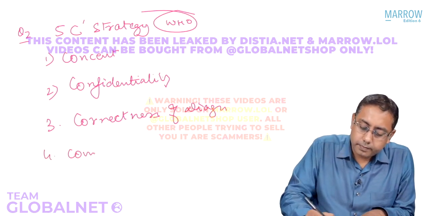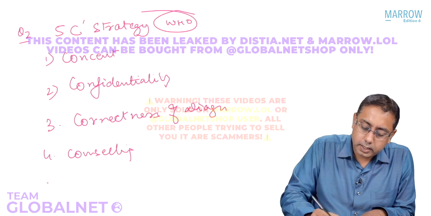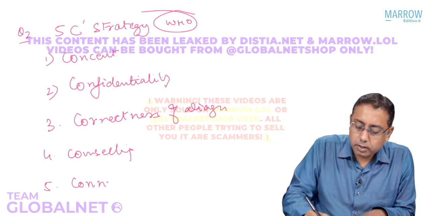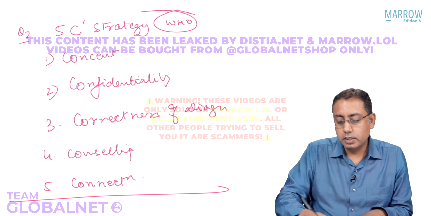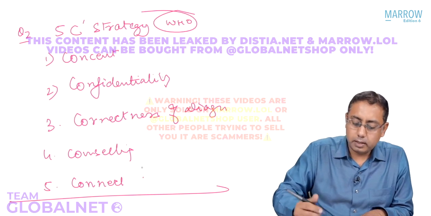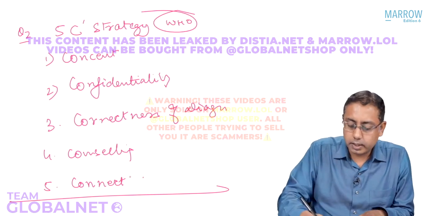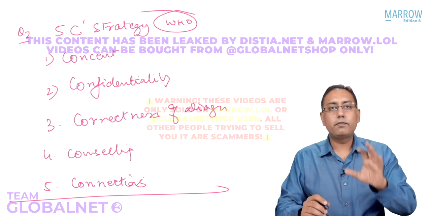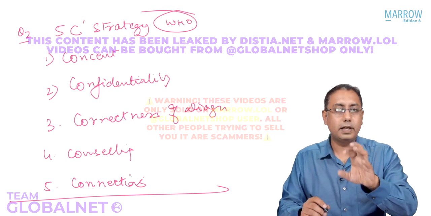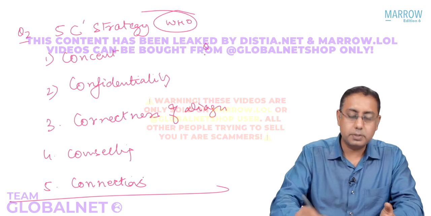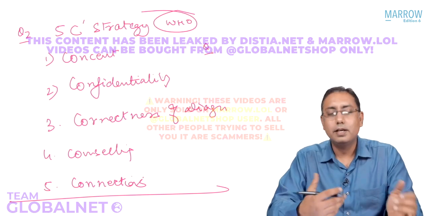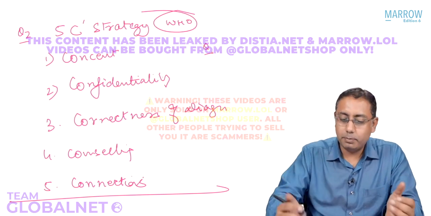Fourth is counseling, and last is connections, more connections and more implementation resources, so that you are able to tackle hepatitis B on a bigger scale. So these are your 5 C's, the WHO 5C strategy. You can be asked an MCQ on this, which of the following are the C's, which are not the C's. So you just need to remember the names.